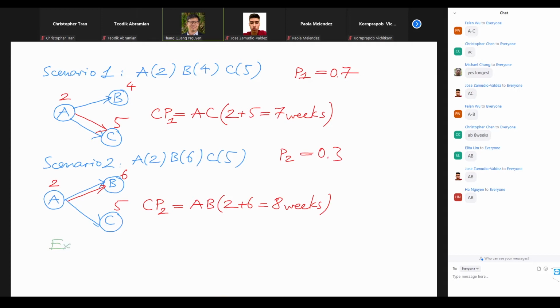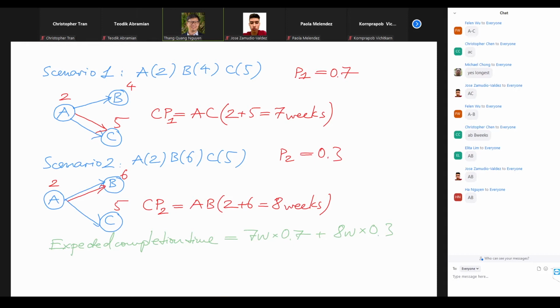So this is our expected completion time of the project. So to do that, we take the 7 weeks in the first scenario times the probability of 0.7, right? And then plus the 8 weeks in the second scenario times the probability of 0.3 for the 8 weeks, right?